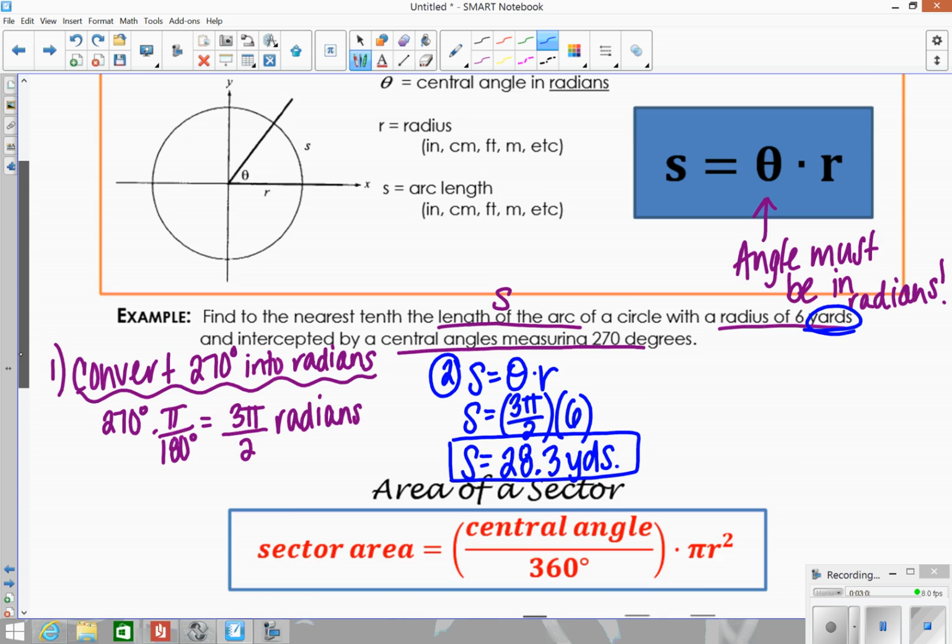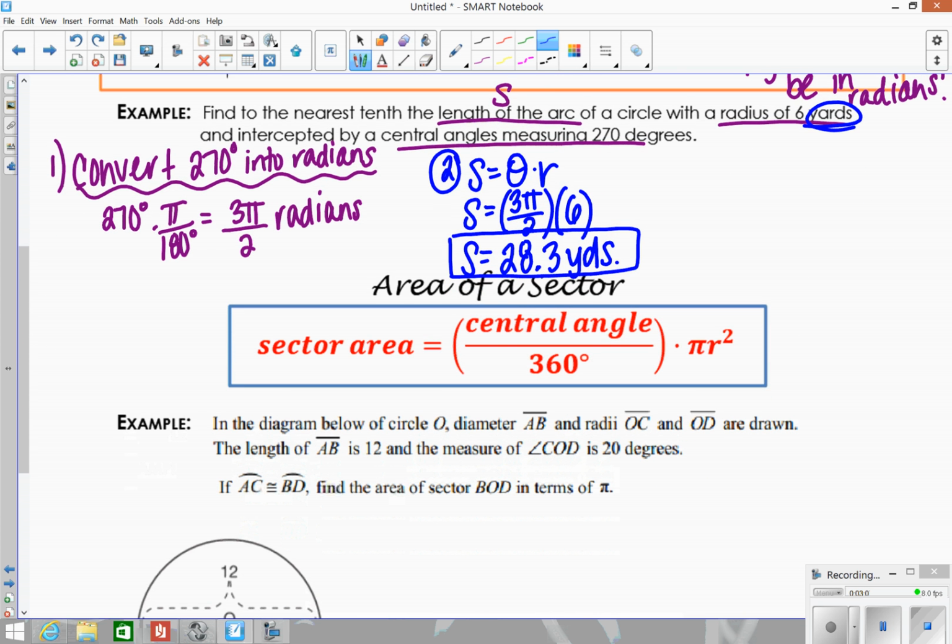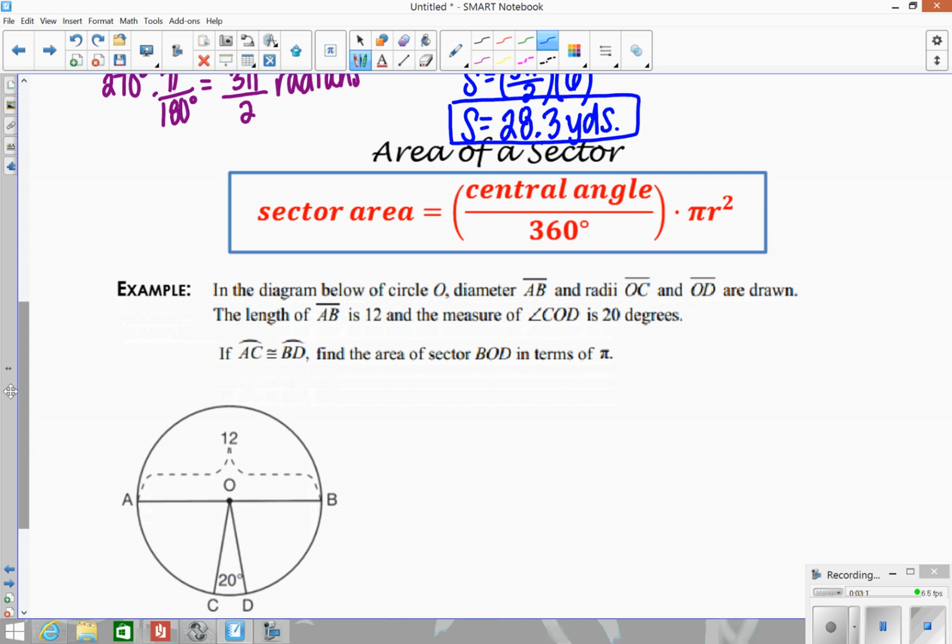The next example on this page is looking at area of a sector. We have arc length, which is part of the circumference, and then area of a sector is the area of basically a wedge in the circle. In this example, in the diagram below of circle O, diameter AB and radii OC and OD are drawn. The length of AB is 12, and the measure of angle COD is 20 degrees.